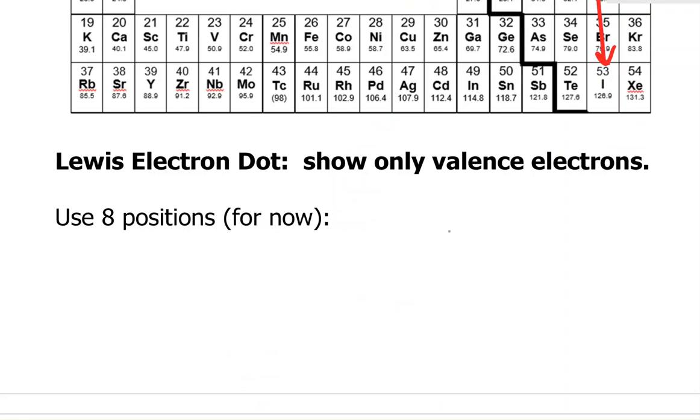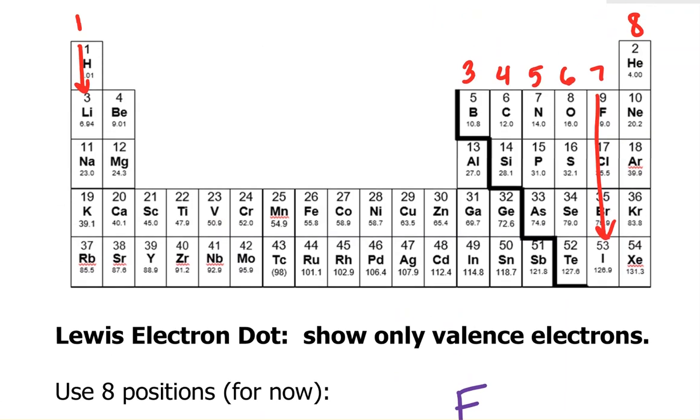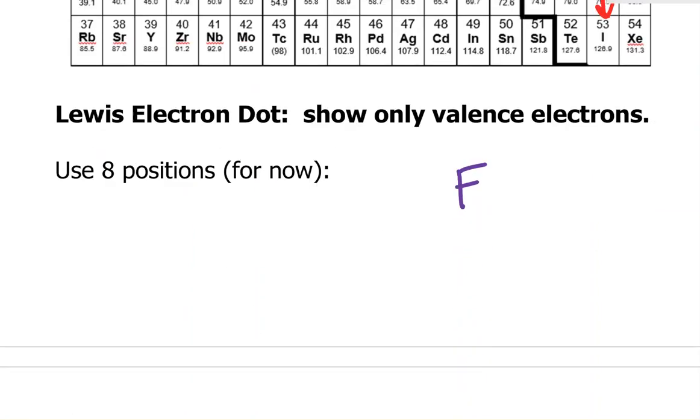So let's just say, for example, we want to do a Lewis dot structure of fluorine. We see that fluorine has 7 valence electrons, and so I draw those like this. They're kind of in pairs on each side, and then fluorine only has 7, so there's one that's not a pair. When we do this, we kind of have some standard positions that we use.